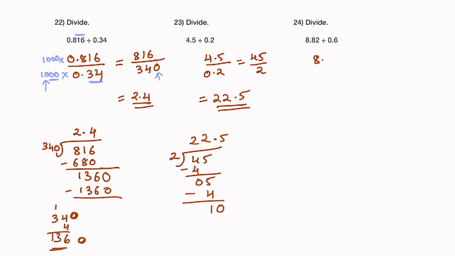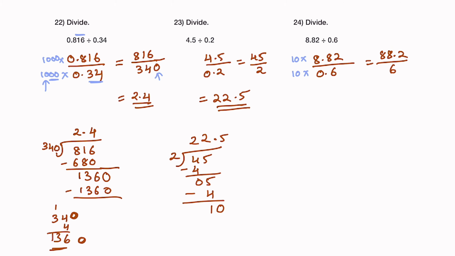Next one, 8.82 divided by 0.6. Now, numerator has 2 decimal places. Okay, so let's try doing it only with 1 decimal place in both of them. Let's try something different. So we say times 10 and we say times 10 only. Okay, so this becomes 88.2 upon 6, right?